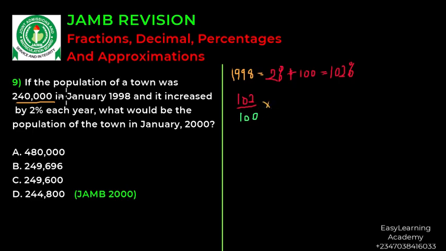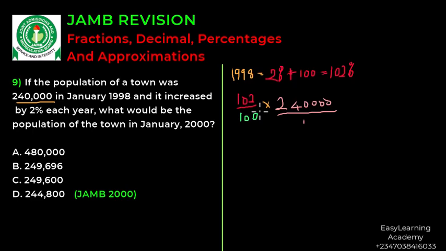The current population of that town is what? 240,000. So this is 240,000, and automatically it's all over 1, so we go ahead to divide.